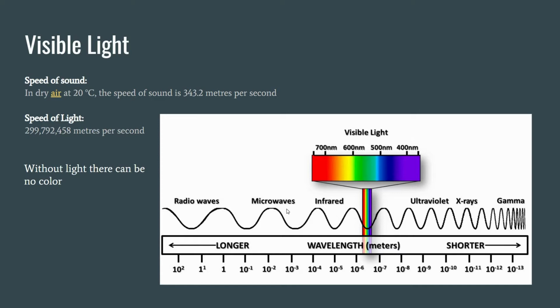Anything below that, infrared, microwaves and radio waves, might hurt us in some ways, like microwaves might make us feel warm, so do infrared waves, but they don't necessarily harm us as would the ultraviolet and X-rays and gamma rays at shorter wavelengths. But anyway, our focus here is the visible light, which is between red and violet, a little bit longer than 700 nanometers, a little bit shorter than 400 nanometers.